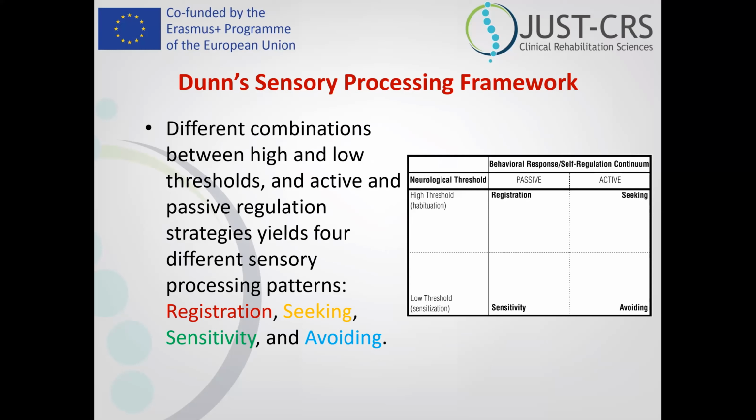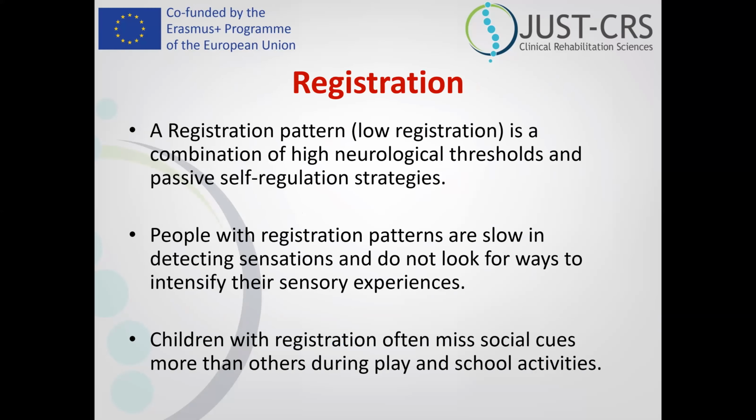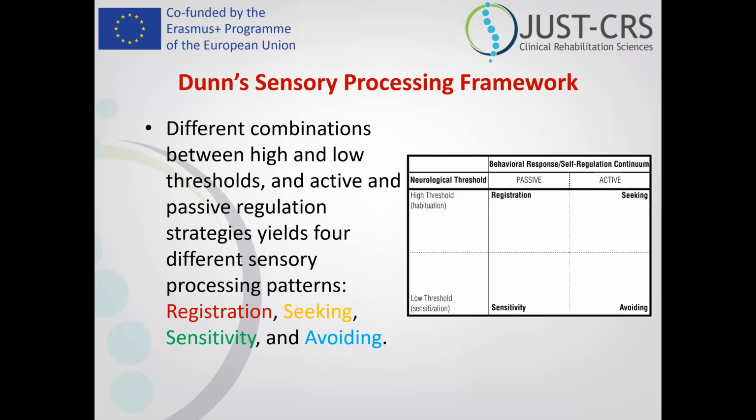The interaction between the different neurological thresholds, the high and the low, and the behavioral responses or self-regulation strategies, which are the passive and the active, results in four sensory quadrants, or four sensory patterns, which are registration, seeking, sensitivity, and avoiding. So what is a registration sensory pattern? As we can see in this figure, a registration sensory pattern is a combination of high neurological threshold and passive self-regulation strategies.